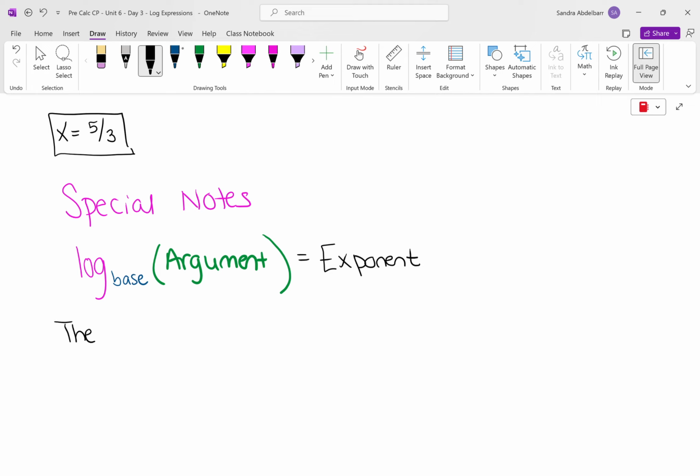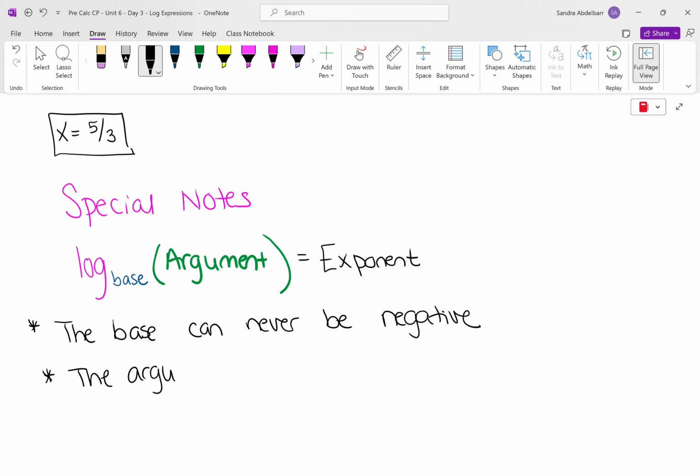The base can never be negative, and the argument can never be negative.